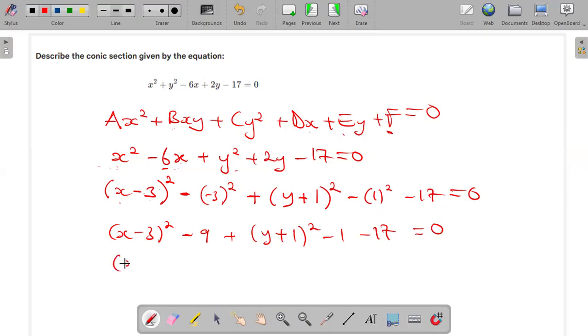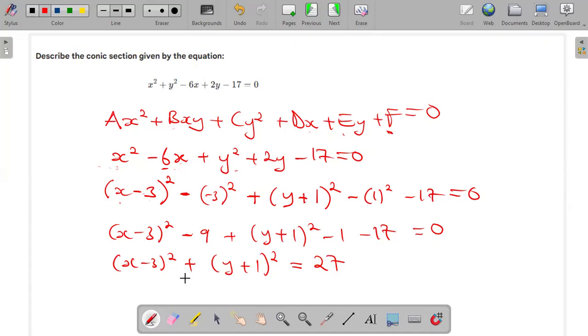That just gives me negative 27. So I have x minus 3 squared, then plus y plus 1 squared, equal to, the negative 27, when it goes to the other side, becomes positive 27. So you have it like this.